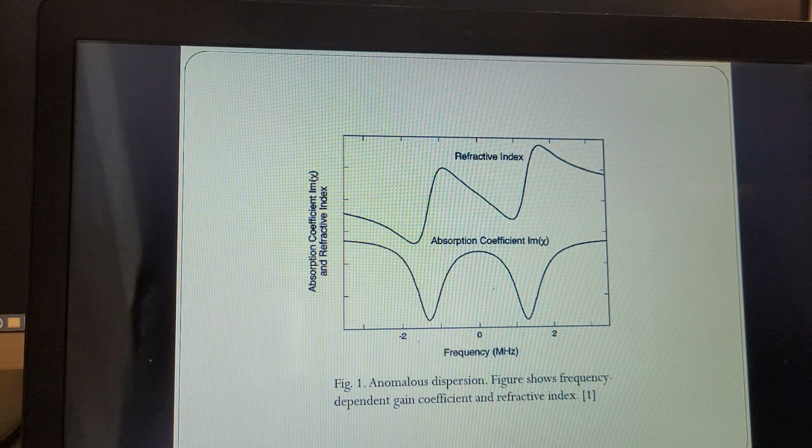Okay, so anomalous dispersion happens in this form. In anomalous dispersion, the slope of the refractive index versus frequency, the derivative, is negative.